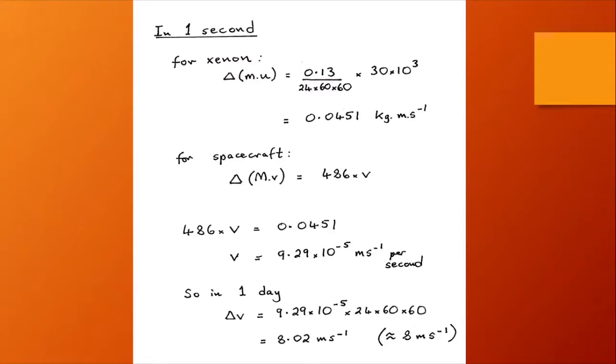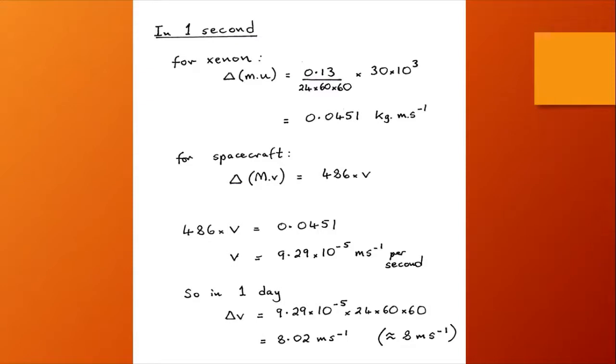So delta mu for xenon should be equal to big M times V for the spacecraft. So 486 times V is 0.041, and that gives V as being 9.929 times 10 to the minus 5 meters per second for the spacecraft.